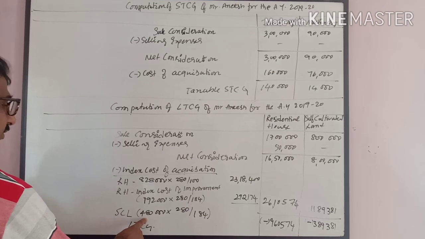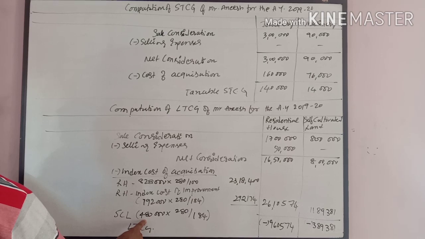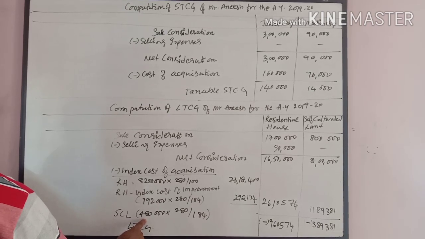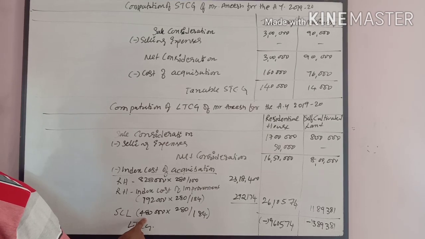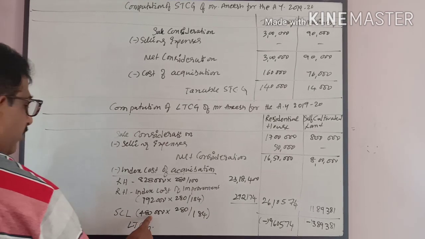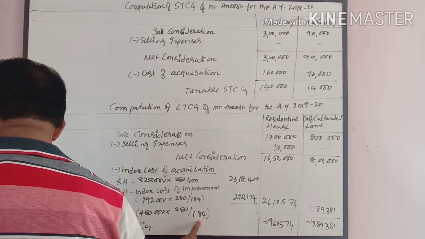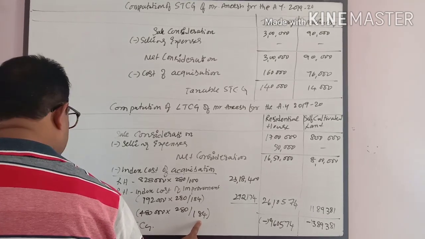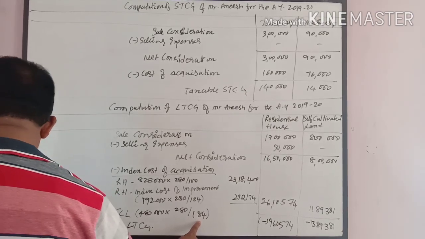Similarly, self-cultivated land. Self-cultivated land was compulsorily acquired under law for 8 lakhs on 1/1/2019 and its cost in 2004-05 was 4 lakh 80. 4 lakh 80 into 280 divided by the index of the year 2004-05.